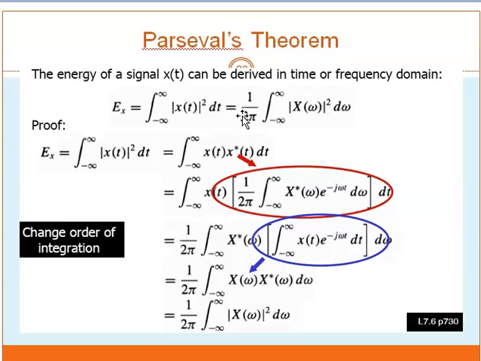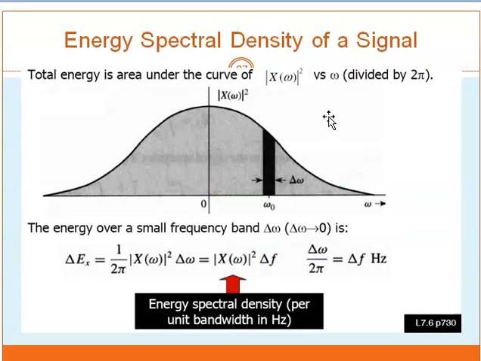In the frequency domain, you will have 1 over 2π, the integration of the magnitude of X(ω) squared dω. Thus, the total energy is the area under the curve of |X(ω)| squared versus ω, divided by 2π.